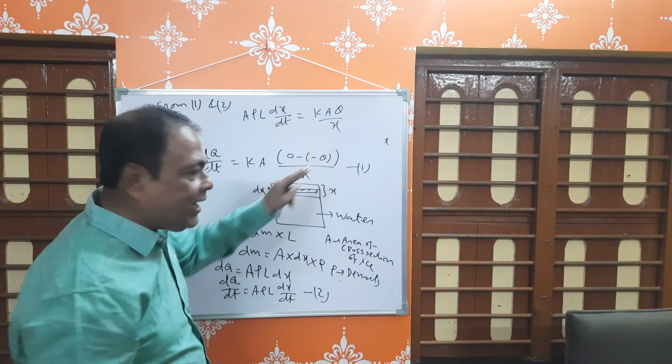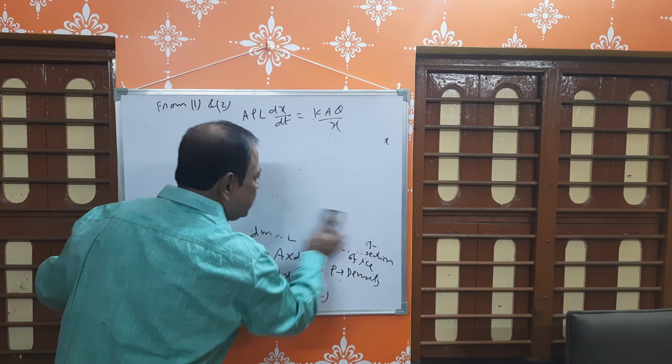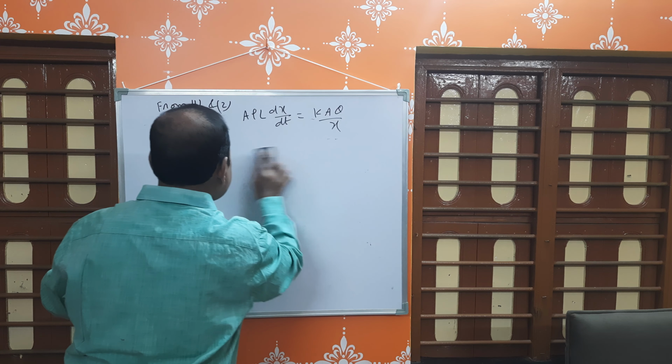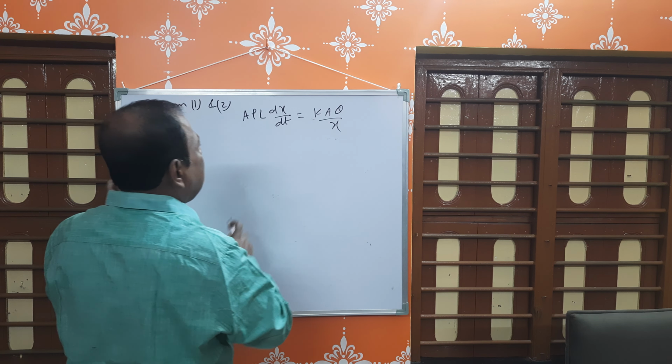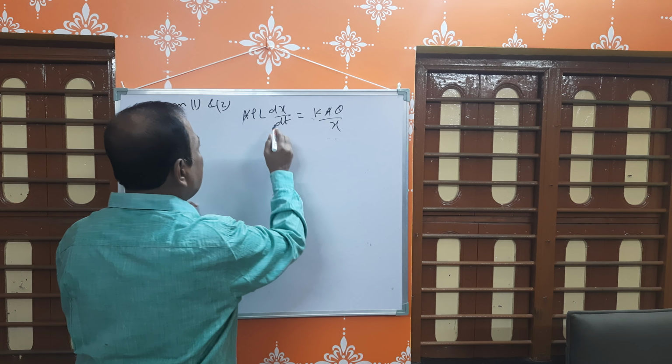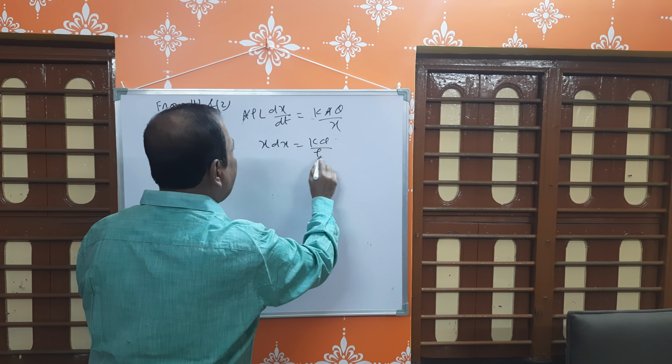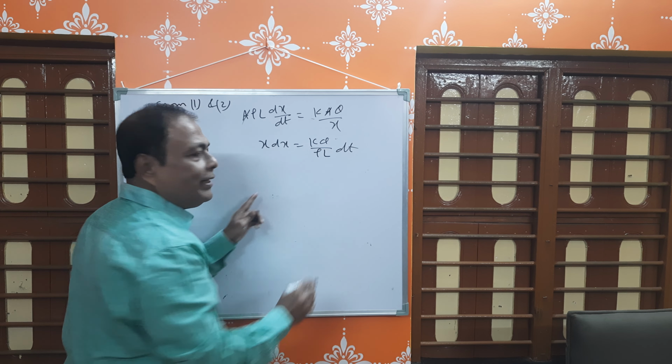So from this equation, A cancels out, x dx is equal to k theta by rho L into dt.